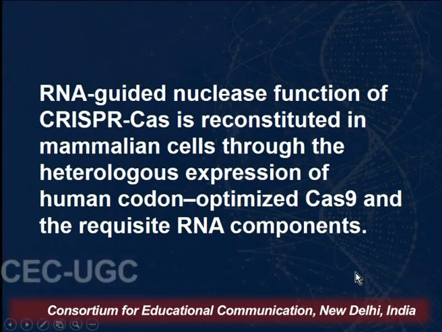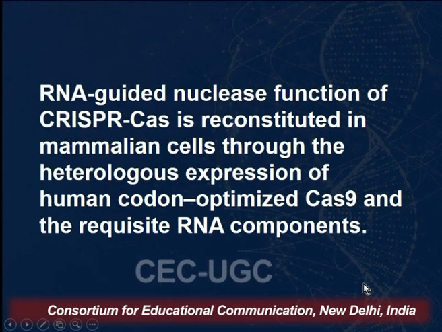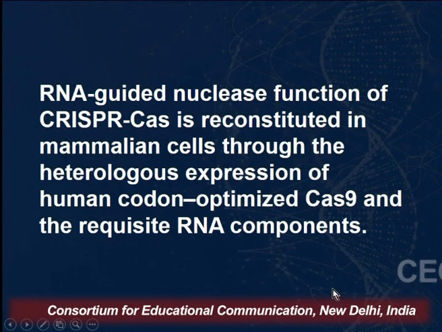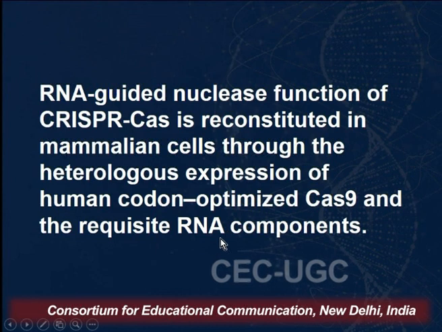So as I said, this natural defense mechanism can be utilized to create biotechnological systems, not only to manipulate mammalian cells, but yeast cells, fungal cells, plant cells, all animal cells, all different cells can be manipulated by introduction of the RNA guided nucleases.